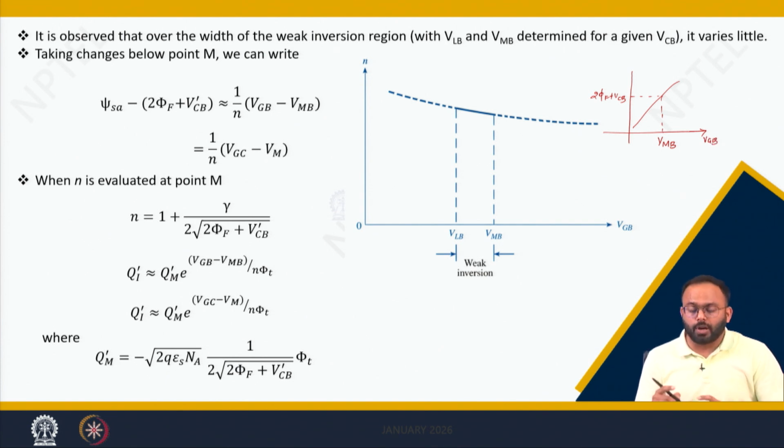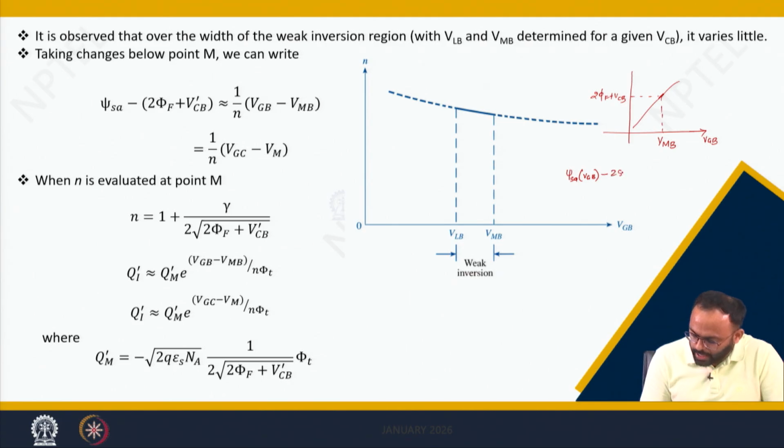Again, here you are measuring your gate voltage with respect to the body terminal. So if I consider this slope is almost linear, I can simply write psi sa, which is a function of VGB, minus 2 phi f plus VCB, equal to 1 over n into VGB minus VMB.